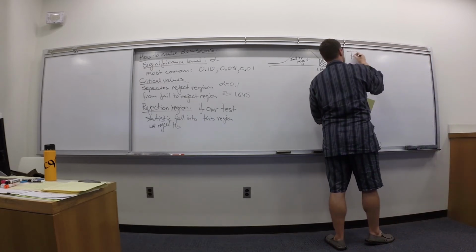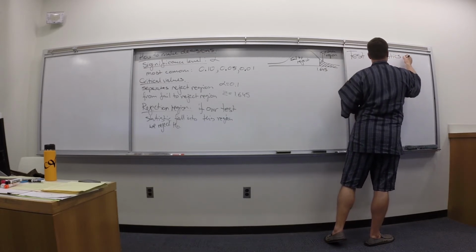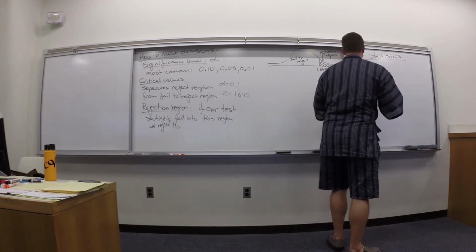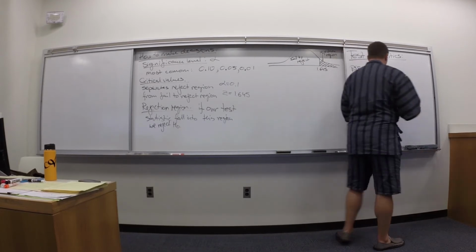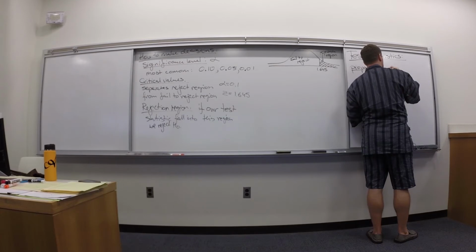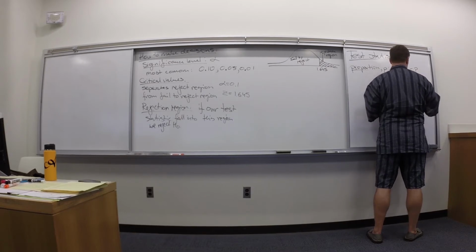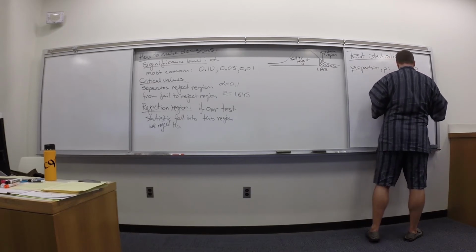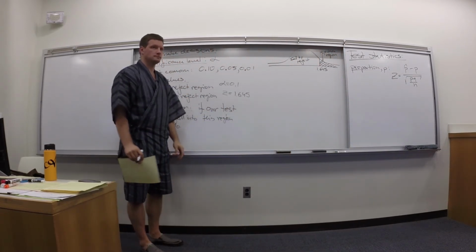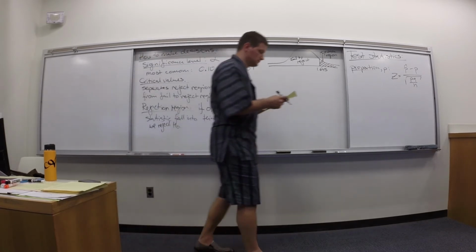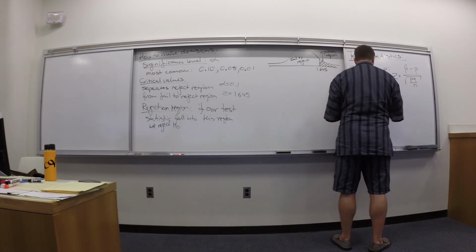So test statistics. We have proportion. And for proportion P, we're going to use Z, which is P hat minus P divided by the square root of PQ divided by N. For means, mu, we have two choices.